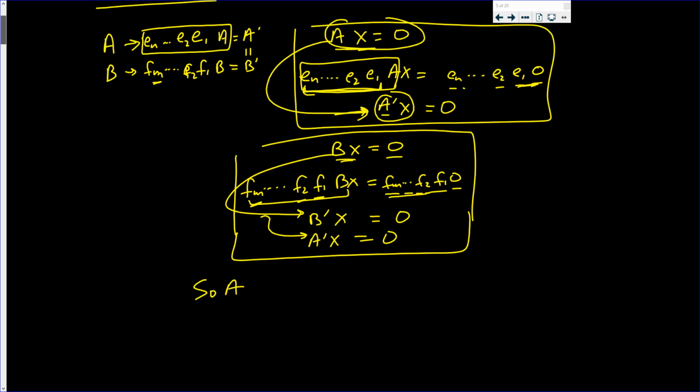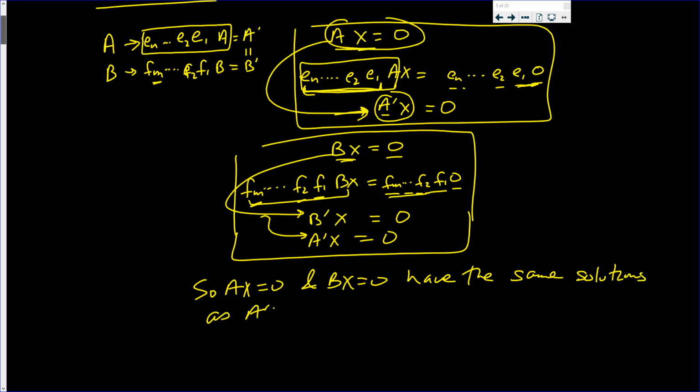So AX equals 0 and BX equals 0 have the same solutions as A prime X equals 0. That is, AX equals 0 and BX equals 0 have the same solutions.